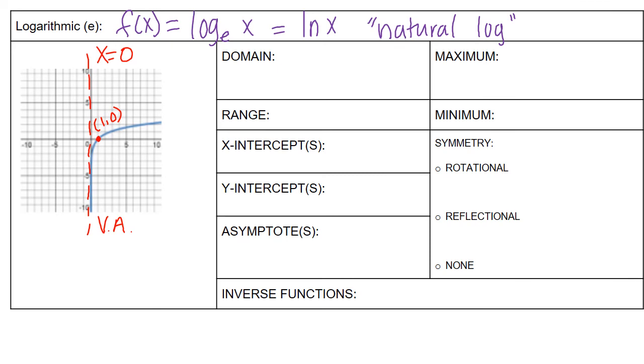Okay, so now that means, because this is the inverse, literally my domain and range are switching places. So my domain here is now 0 to infinity, and my range is all real numbers. That's what happens to inverse functions, which we're going to dive into a little deeper next week.